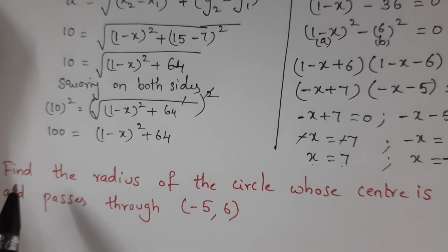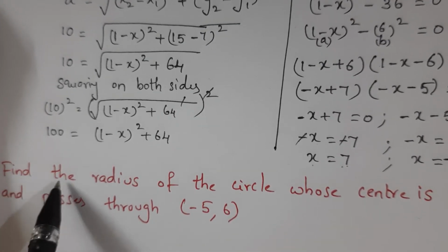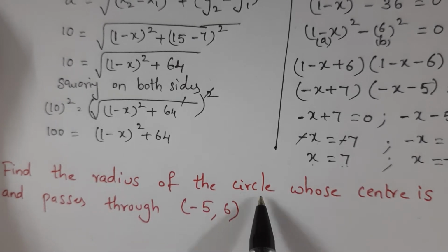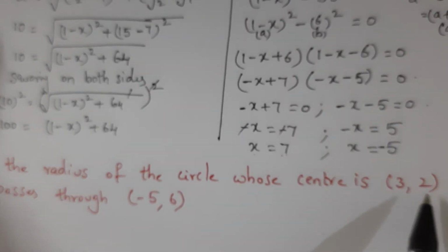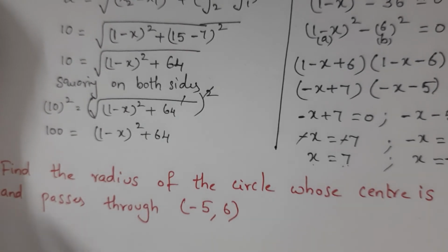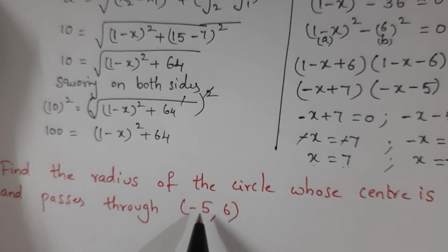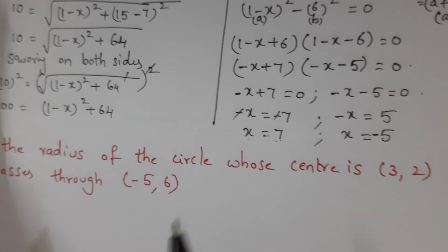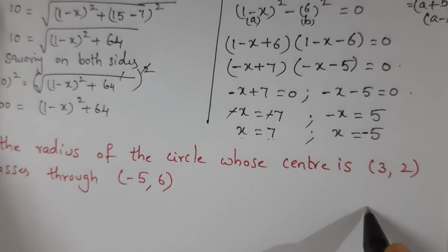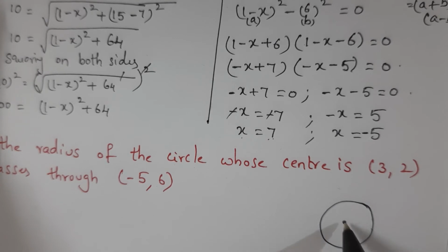Next problem is find the radius of the circle whose center is 3, 2 and passes through minus 5, 6. So here there is a circle and center. So center point is 3, 2.